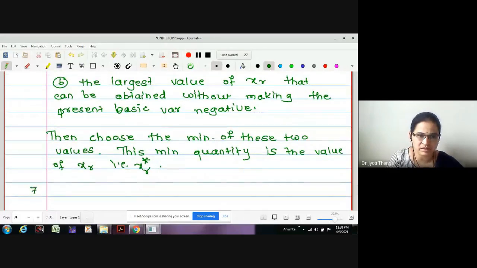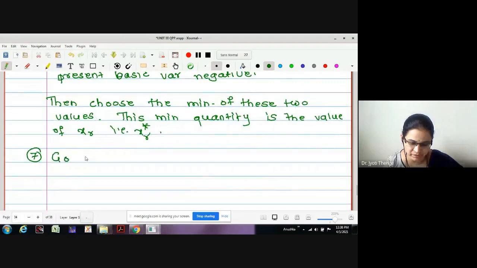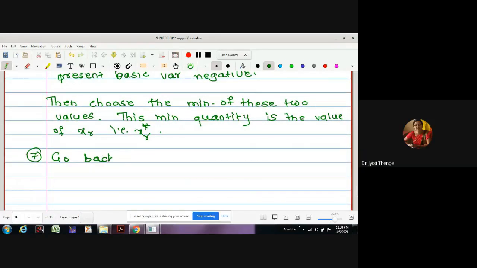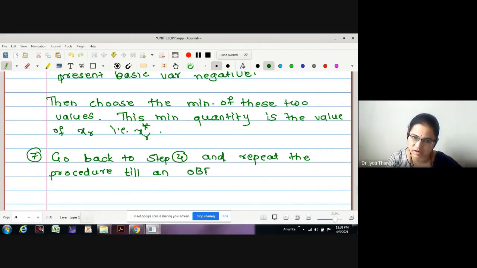Then let me write the next step, number 7. Go back to step 4 and repeat the procedure till an optimum basic feasible solution is obtained.